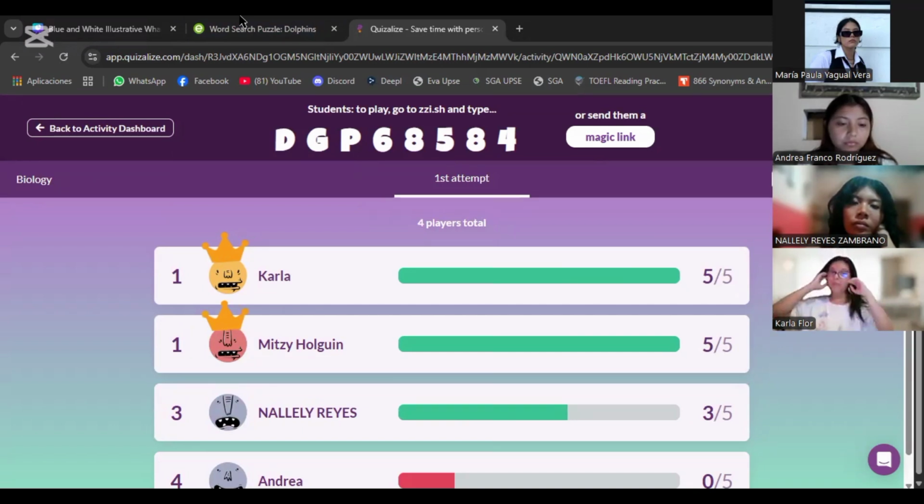Question number three, to which species do dolphins belong? Reptiles, amphibians, fish, or mammals? Question number four, how many species of dolphins exist? Around 50, 40, 30, or 20? And the last question, what is the common dolphin characterized by? By its blowhole, by its nose, or by its flappers?